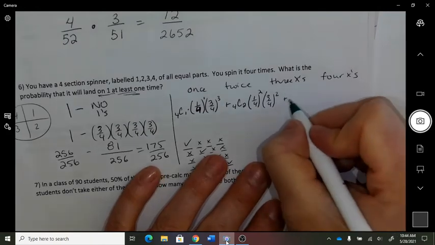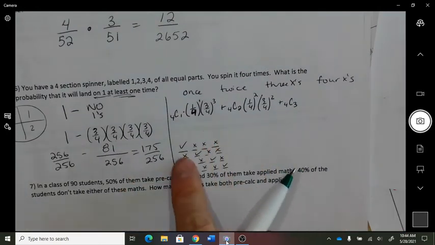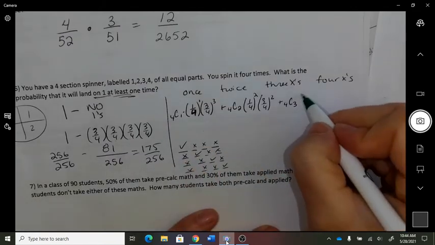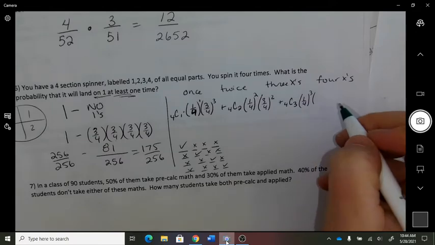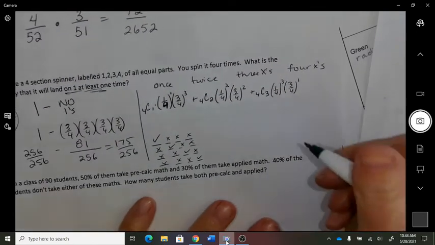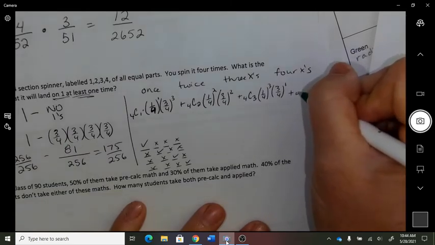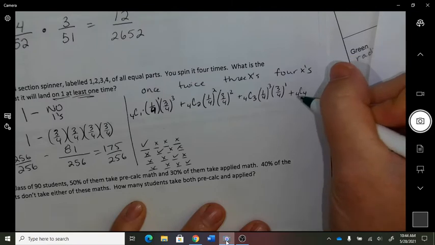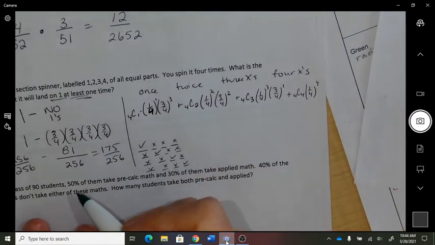Making it 3 times, so you got to do the 4, choose which 3 you want to make so that it activates that. You're going to make 3, so a quarter to the 3. You're going to miss 1. And on the last one, if you're making all of them, 4 choose 4, which you don't actually need either, and a quarter to the 4th.